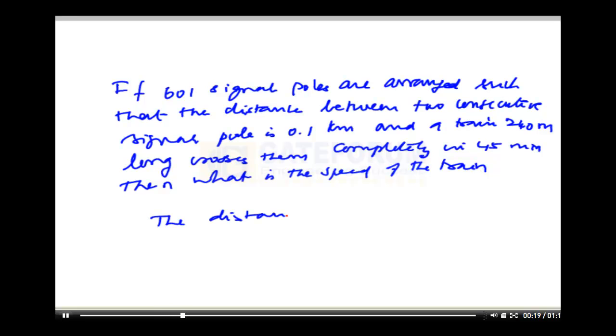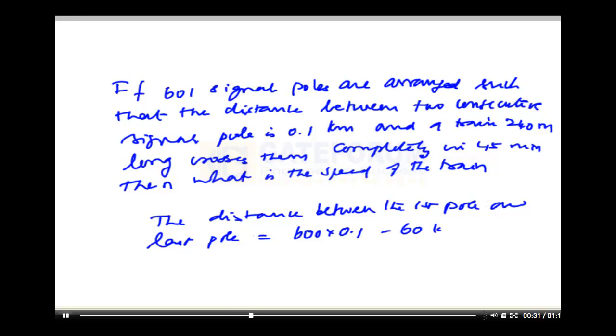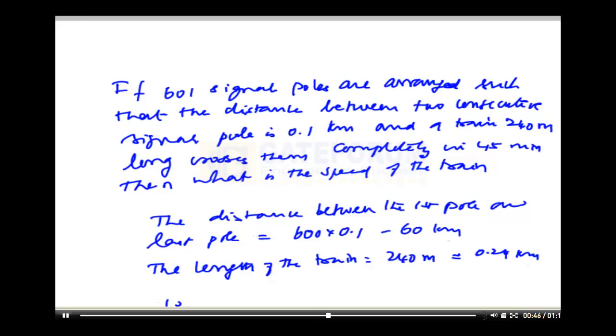The distance between the first pole and the last pole is 600 into 0.1, which is 60 kilometers. The length of the train is 240 meters or 0.24 kilometers.